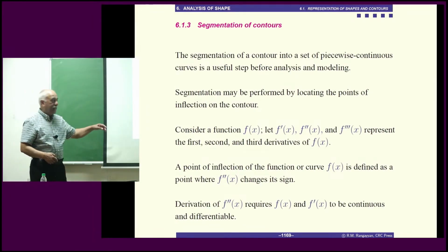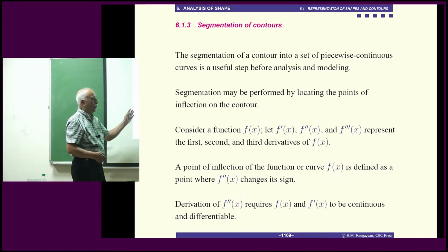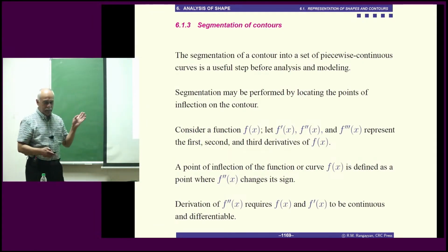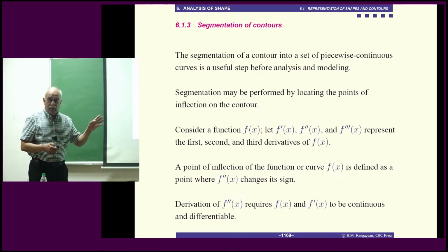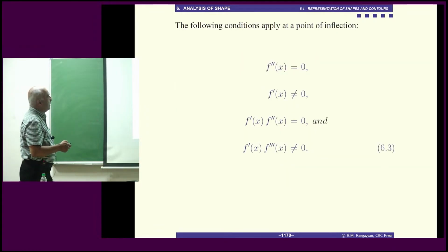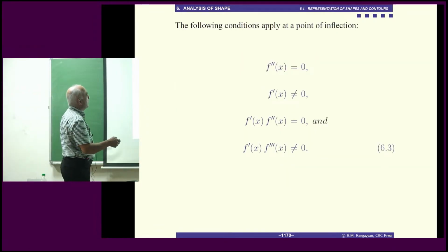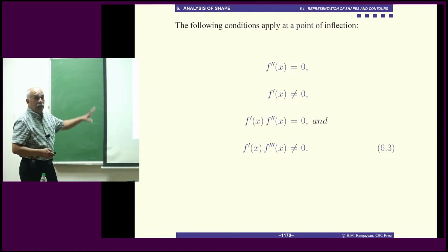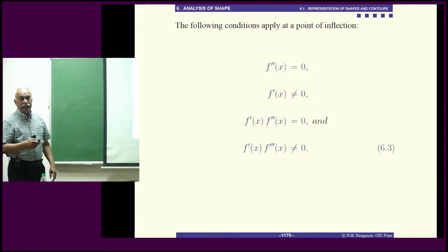To obtain the second derivative, you require the function f(x) and f prime of x to be continuous and differentiable. For a point of inflection, the conditions are: f double prime of x is 0, f prime of x is not 0, and f triple prime should not be 0, the product that is. Those define a point of inflection in the 1D curve.